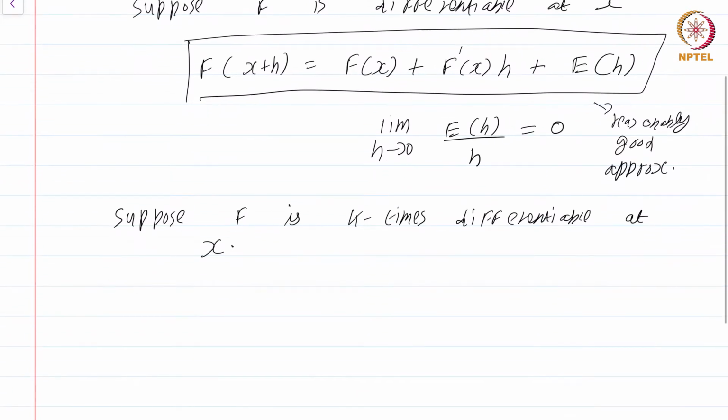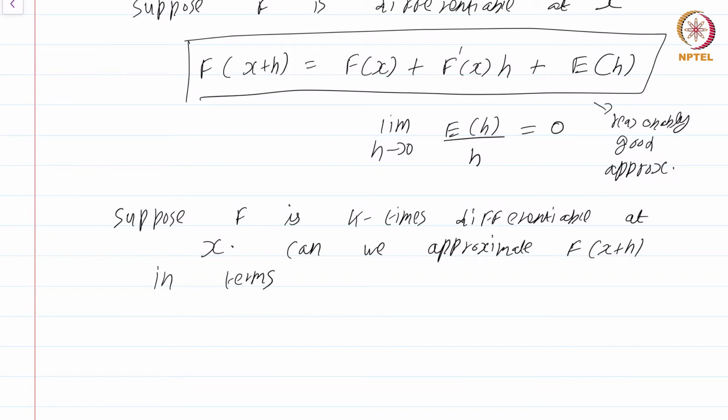Now, one would like to have an approximation of f of x plus h in terms of the data that you have about f at the point x. So can we approximate f of x plus h in terms of f at x? So we can do an approximation because k times differentiable automatically means it's once differentiable, and we have this approximation. Of course, the goal is to do much better than this by using the higher derivatives.